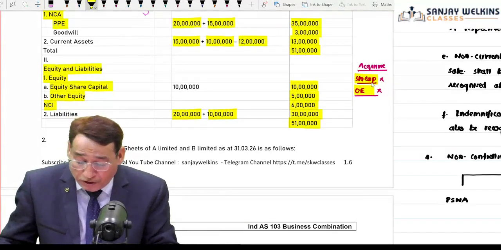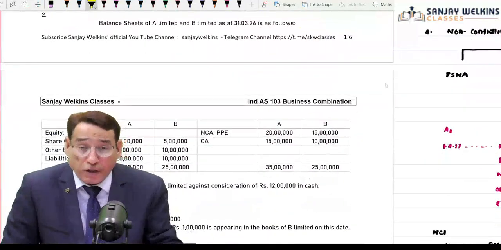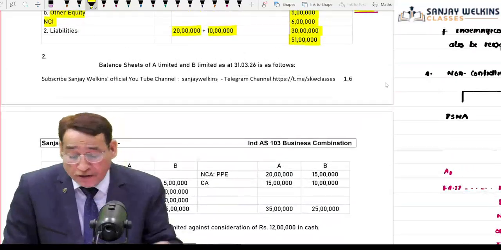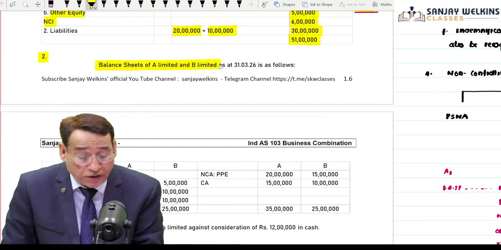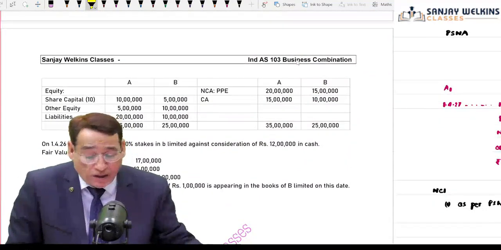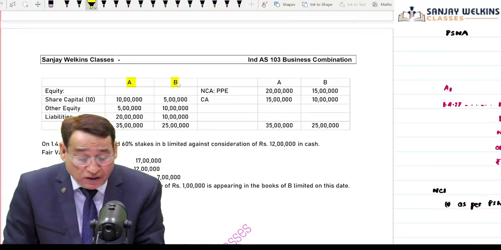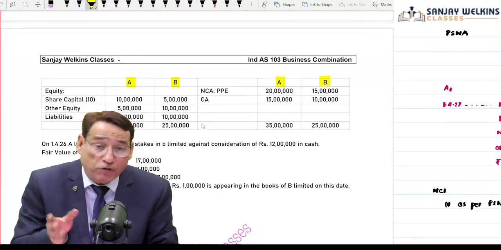Now we take another question before we finish this session. It is already pretty long, I know, and I'm also pretty tired. In this question, the balance sheet of A Limited and B Limited as at 31st of 3/2026 is given to you. You can see here it is written A Limited, B Limited. This question is quite similar to the one which we did earlier.